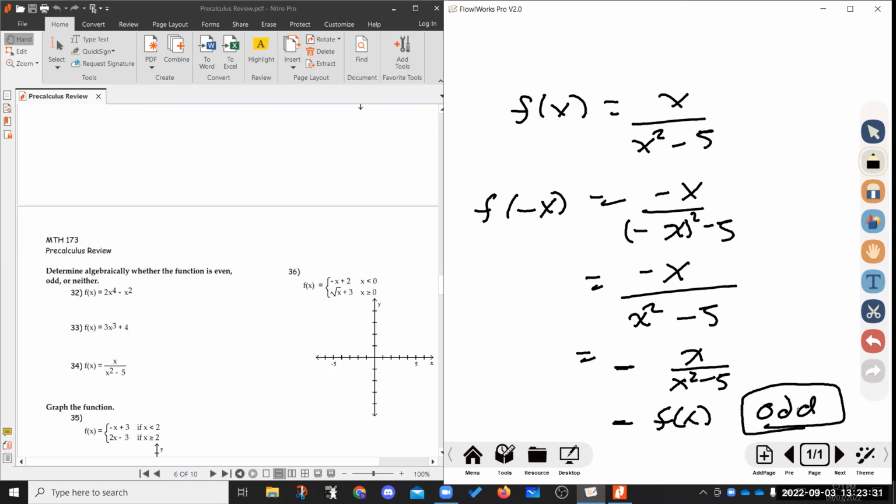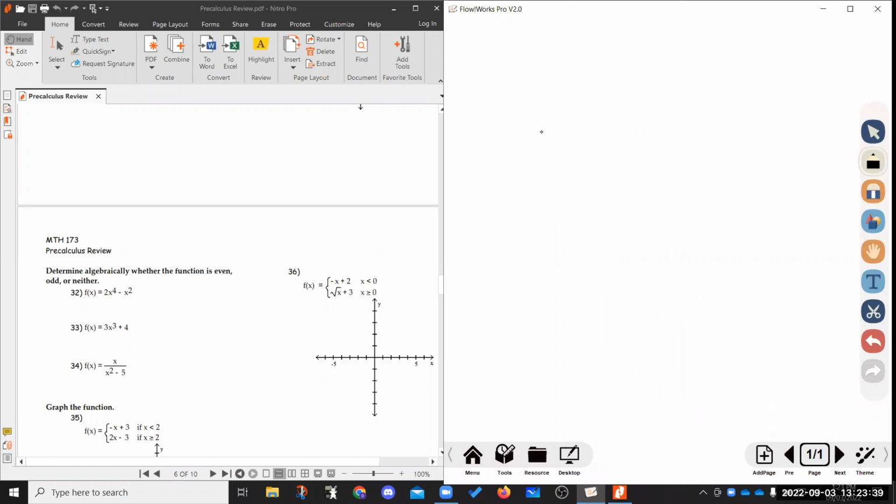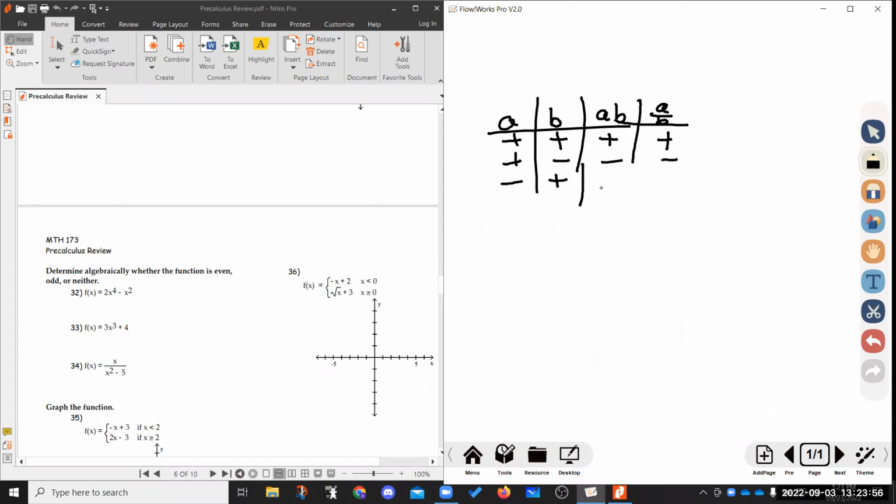I'm going to tell you some fun things right now that are usually not in your textbook. The even and odd functions follow the same sign rules for multiplication and division that you're used to. Remember that if I had a and b, then a times b or a divided by b: if I have two positives, this is a positive. If I have a positive and a negative, or a negative and a positive, these are negatives. And if I have a negative and a negative, these are positives.